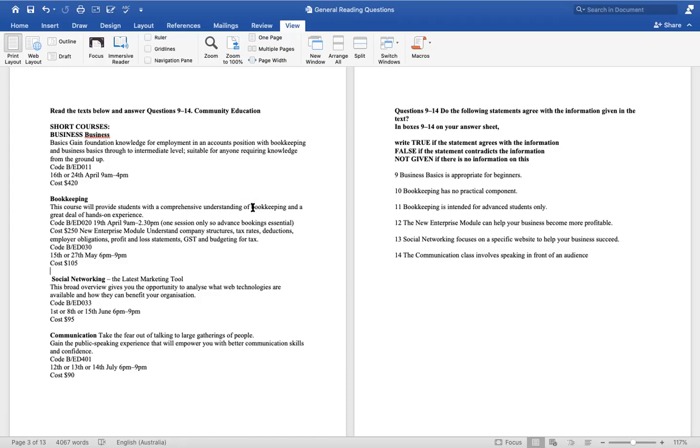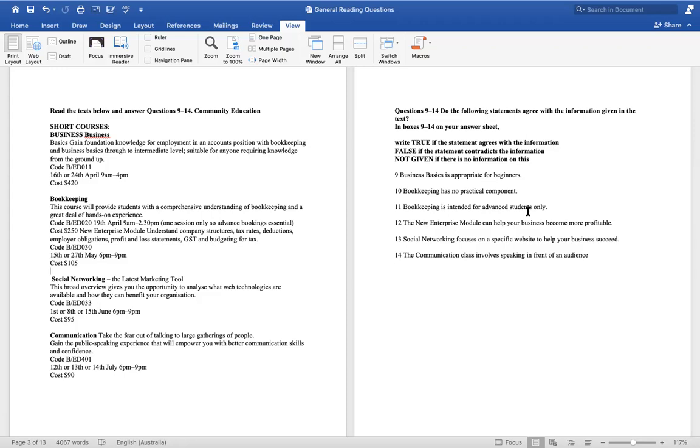So the key to this, I know you all know the strategy, but the key is please don't think further than the author. Take everything he says at face value. The third thing, that's okay, it's just one out of everything. The new enterprise module can help your business become more profitable.